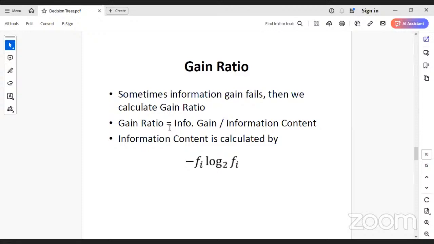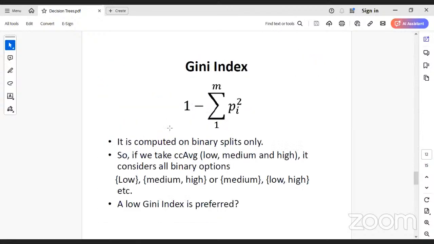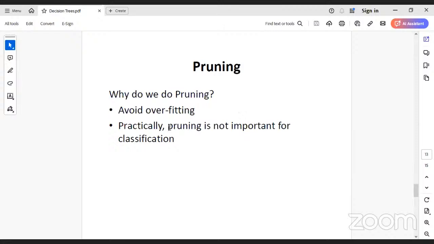So the latest tree algorithms use gain ratio. There is a similar concept, the Gini index. Then we have something called pruning.